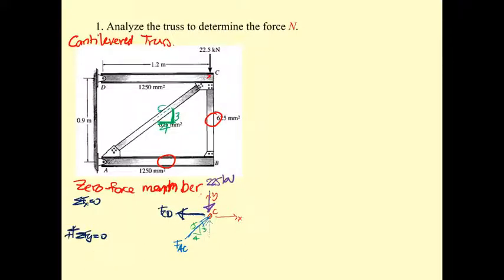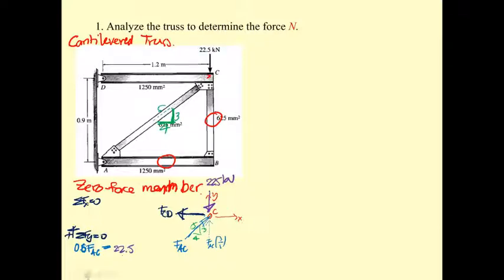Just put this one up. F sub AC in the vertical direction is 3 divided by 5, so 0.6 F sub AC is up, and it equals the force of 22.5.